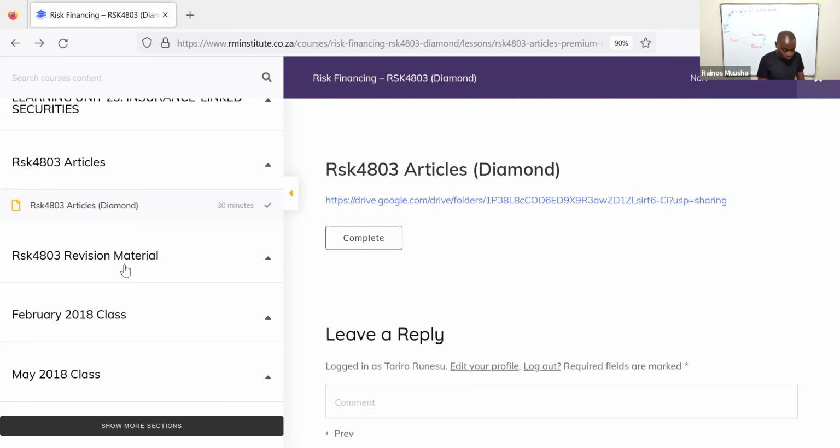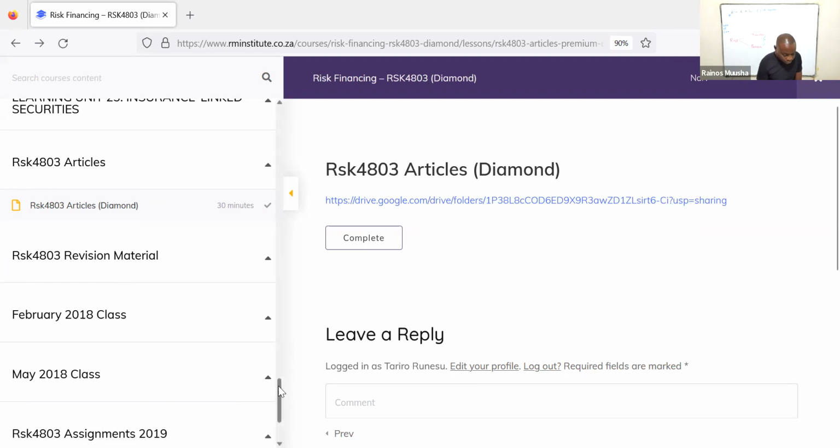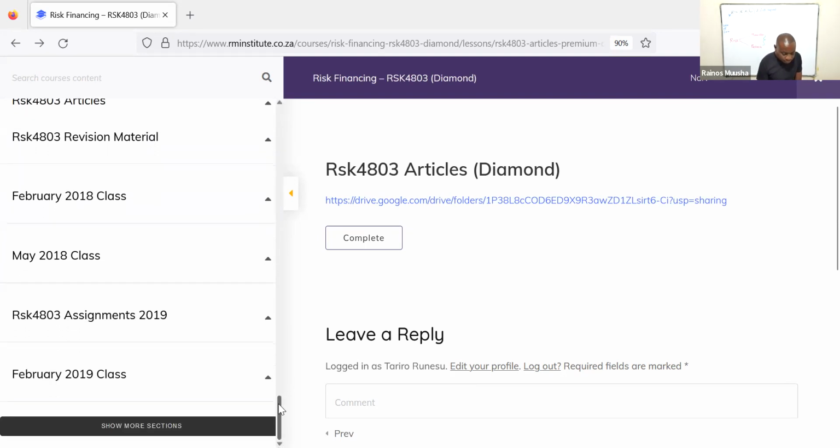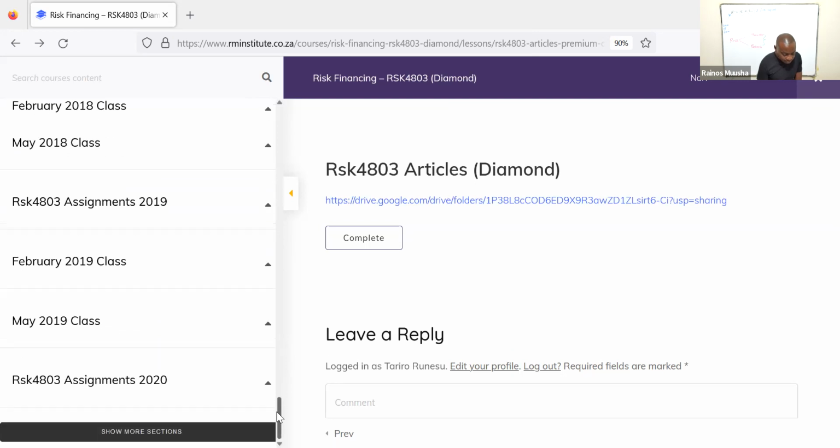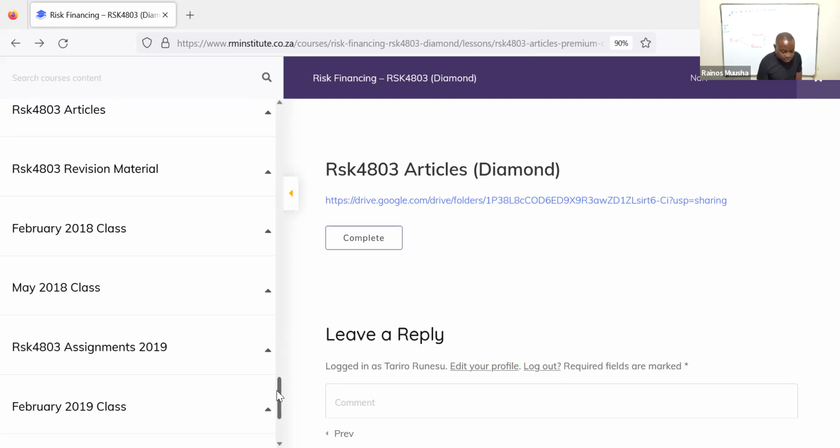On revision as well. Then if you keep clicking on show more sections, you will see that you are now going to be able to access the videos of the past papers and the past assignments for the years. In this case, it's from year 2018.